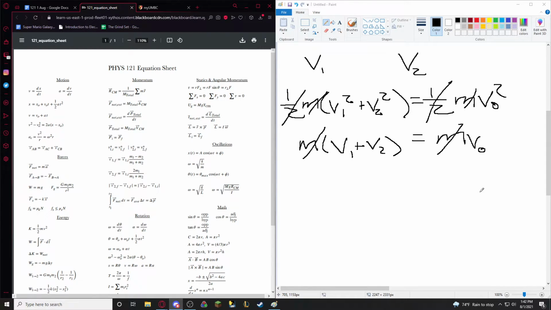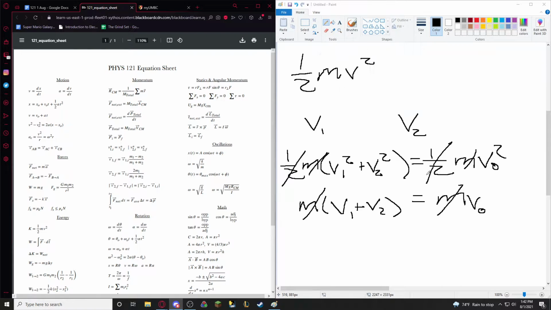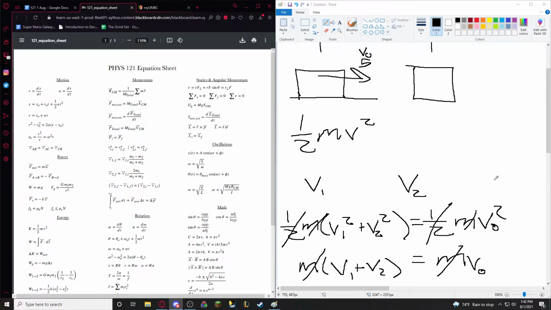What if maybe one of them was 0? Well, yeah, in this example V2 has to be 0, so V1 would have to equal V naught. Exactly. Or actually, v1 is going to be 0, and v2 is equal to v naught.